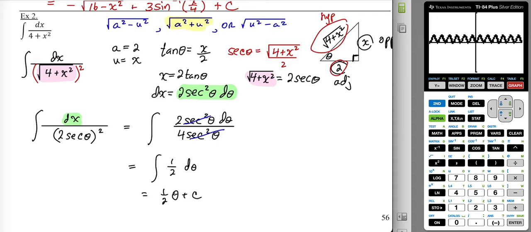So now I just have to pull a theta out of this. Alright, so what I'll do is I'll choose a nice convenient ratio. Like, for example, the tangent theta is equal to x over 2. That's a nice one. So I'll take the inverse tangent of both sides.